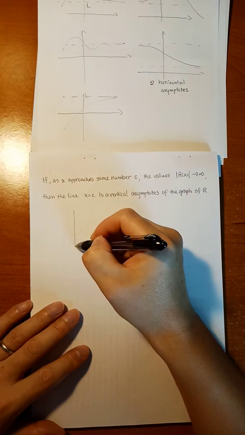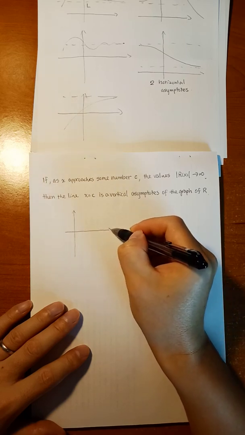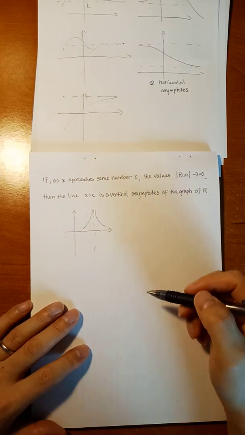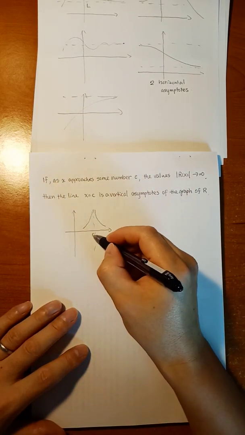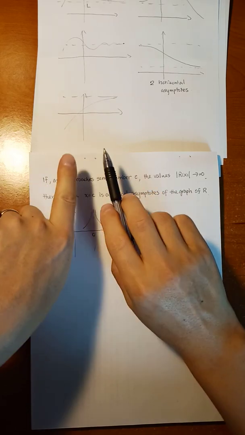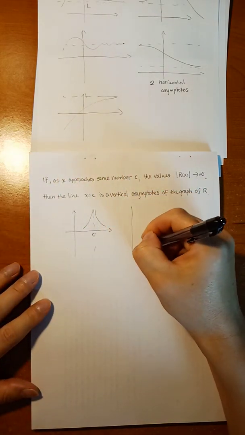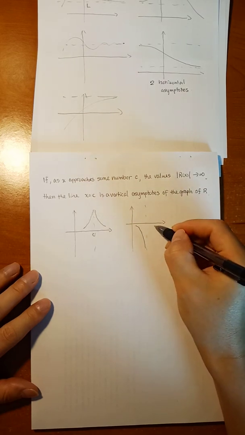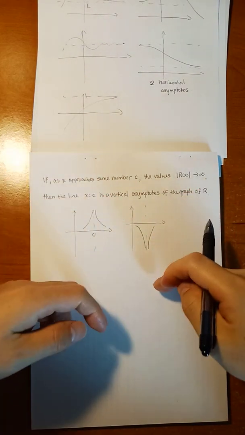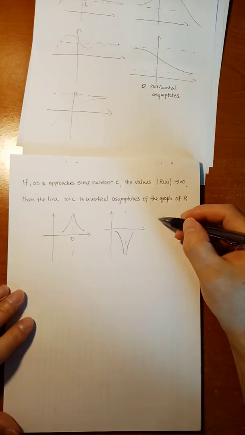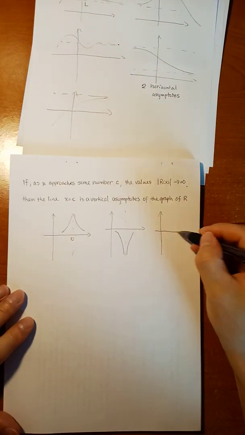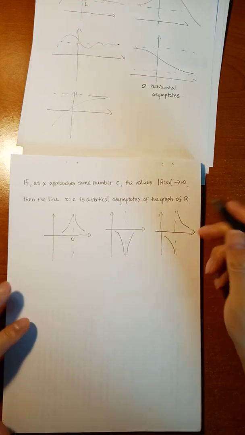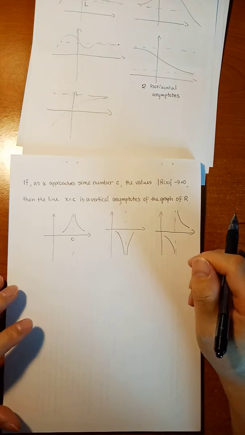For example, you can have something like this. When x approaches some point c, it approaches positive infinity, or you have this case, the two branches both approach negative infinity, or you have this case, two branches, one approaches positive infinity, the other one approaches negative infinity.